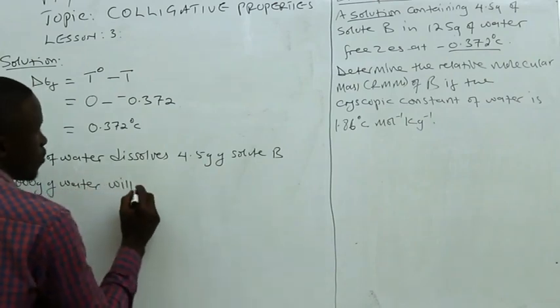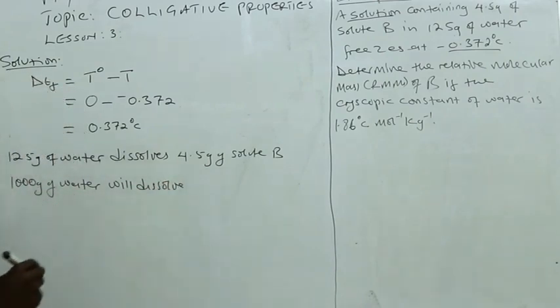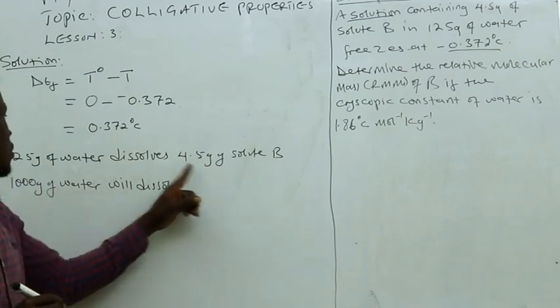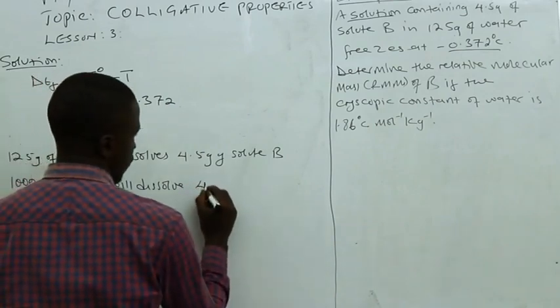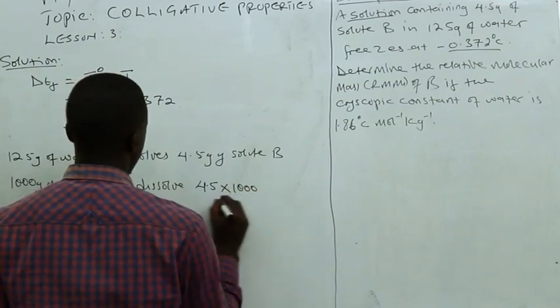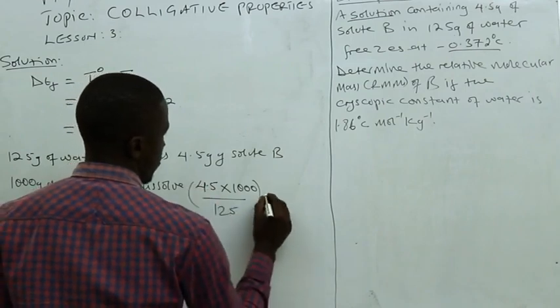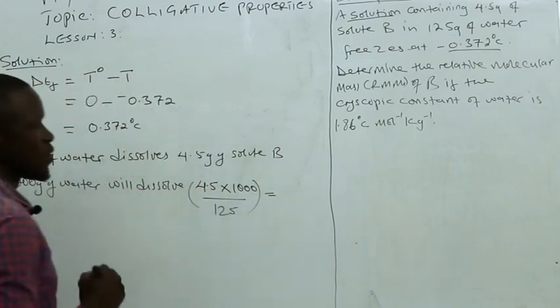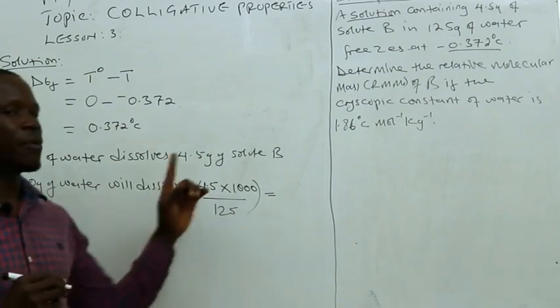Will dissolve. So you create a relationship. This times that over this. If we want to get that mass, you say is equal to 4.5 times 1,000 grams over 125. And we get the mass of B that will be in 1,000 grams.